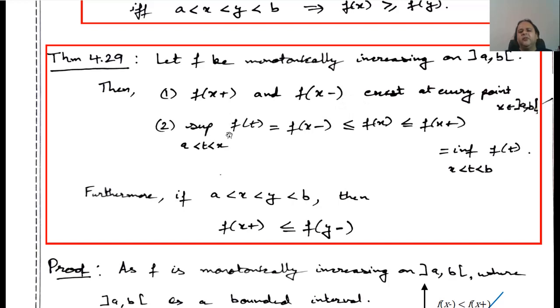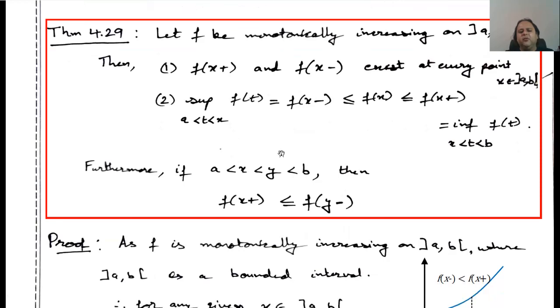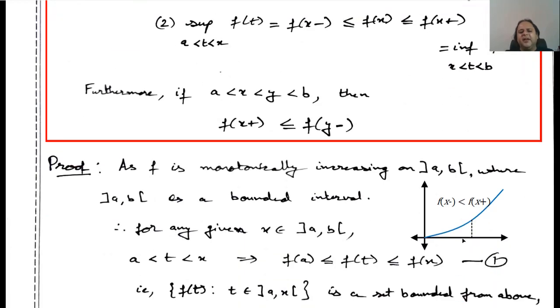The second thing it says concerns the supremum from the left hand side for a fixed x. If we see this in a diagram, with x a fixed point, then as t slides over the neighborhood of x, f(t) will slide like this.